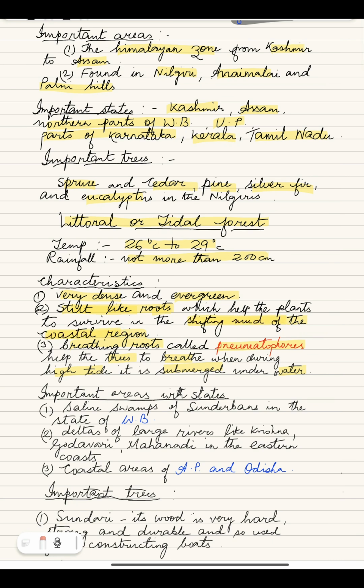Children, these are all keywords: shifting mud, stilt-like roots, breathing roots called pneumatophores, which help the plants to breathe. Okay, so these are the adaptations. Question may come like, state two adaptations of the tidal forest or mangrove forest? Then these are the adaptations. Otherwise, the other characteristics very dense and evergreen.